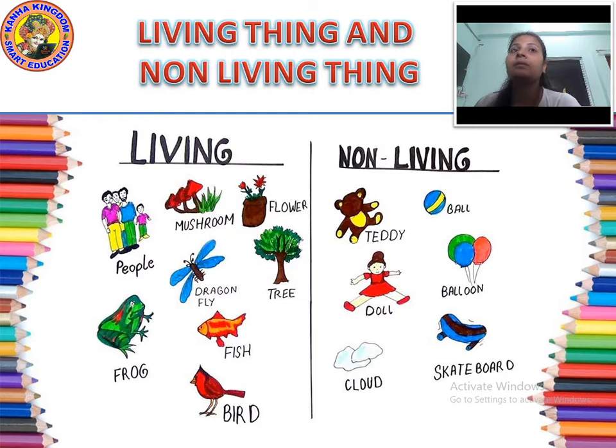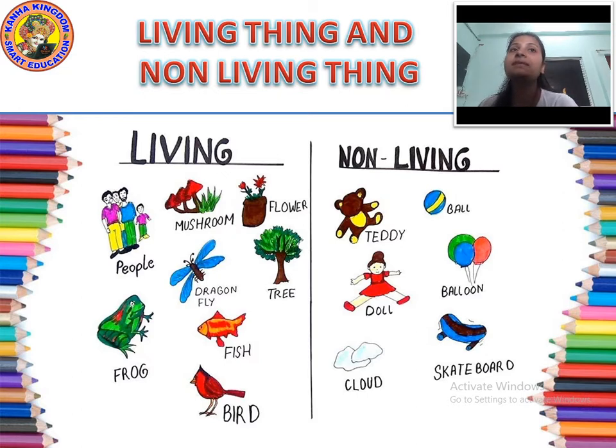Okay, like a tree. Look at this tree. Now, how is the tree a living thing? A tree is a living thing because it grows. First, it is a seed. Now, that seed grows into a tiny plant, and that plant grows as a tree. So it grows and it needs water.